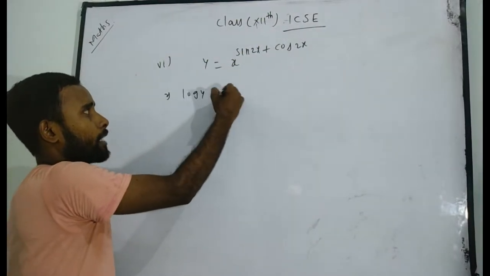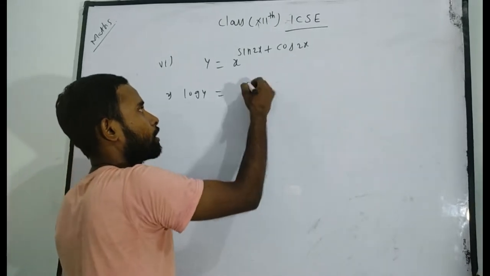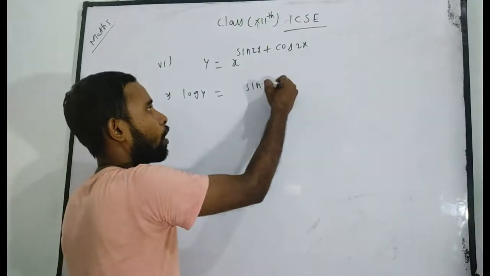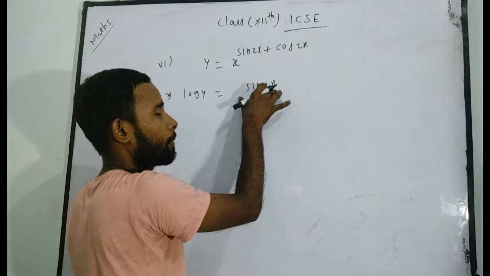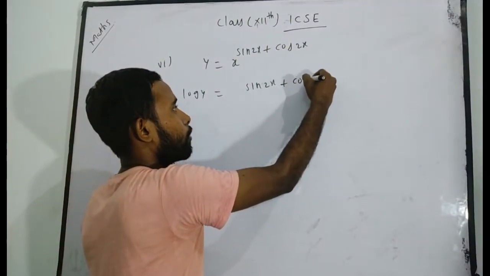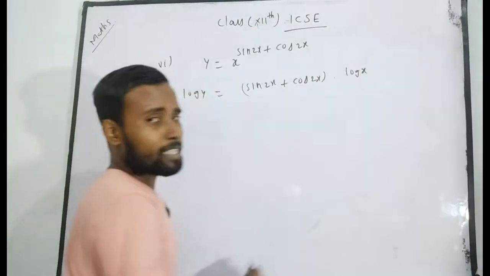Thereafter, you will get log y is equal to (sin 2x plus cos 2x) into log x. You can also directly write, because if you take log, definitely this power will come here as a multiplication of log x. I think you understand very well.